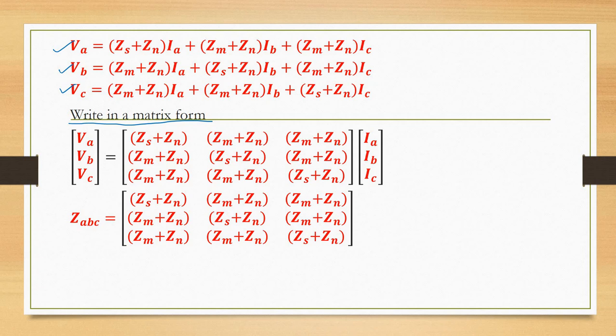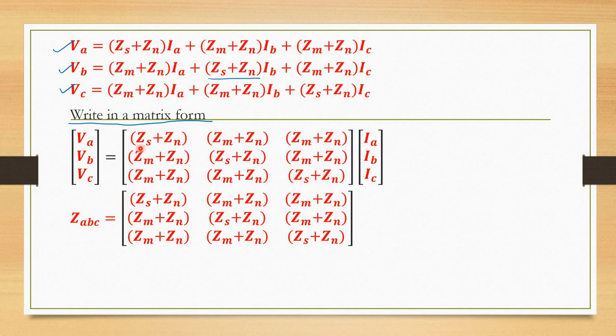Third, Zm plus Zn. And next, second row, first column, Zm plus Zn. Then Zs plus Zn. Third one is Zm plus Zn. Next, the third row: Zm plus Zn, Zm plus Zn, Zs plus Zn.